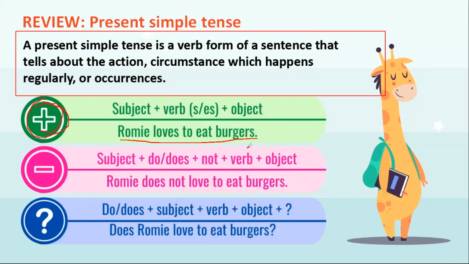I can't hear you. Romy loves to eat burgers. Okay, so what is the subject? The subject is Romy. Very good. What is the verb? The verb is love. Great job.